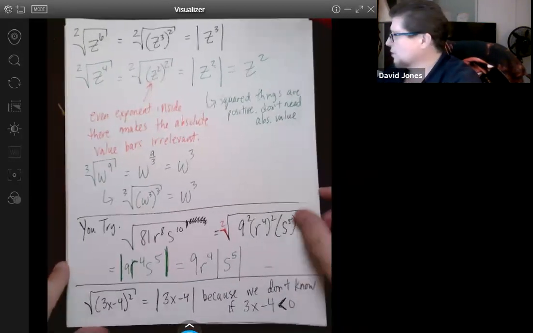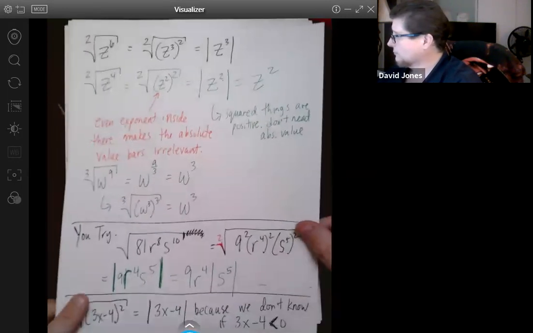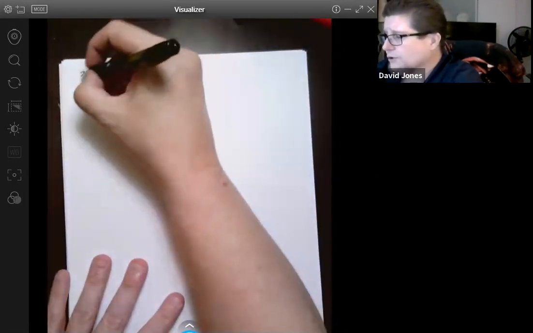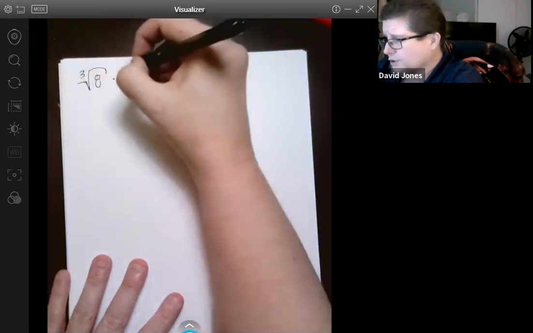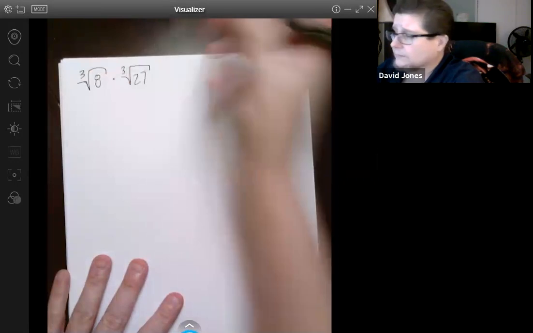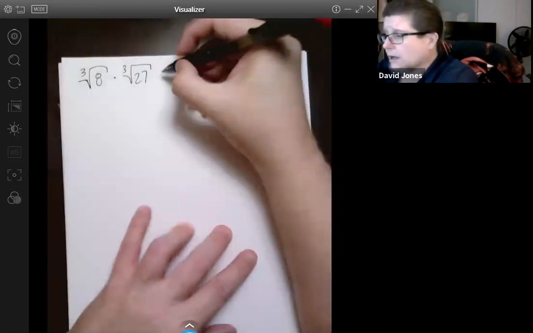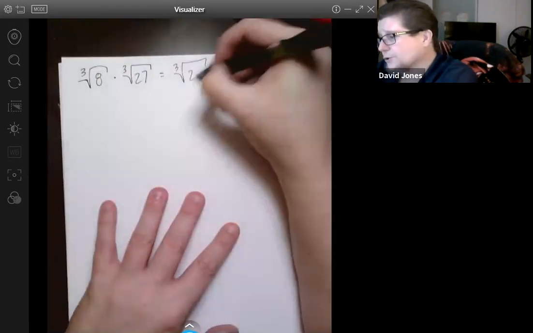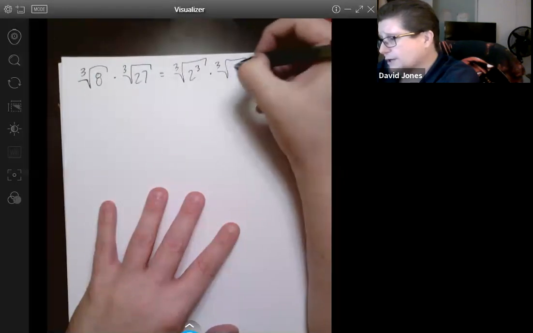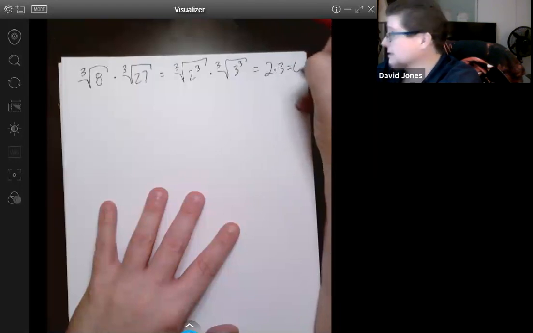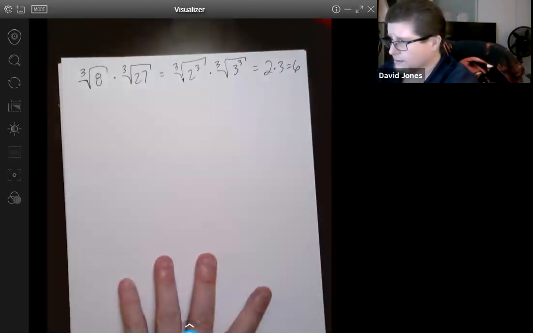Now, I'm going to do the next one illustrating something. Let's take a look at the cube root of 8 times the cube root of 27. That's the cube root of 2 cubed times the cube root of 3 cubed, which ends up being 2 times 3, which is 6. Okay?